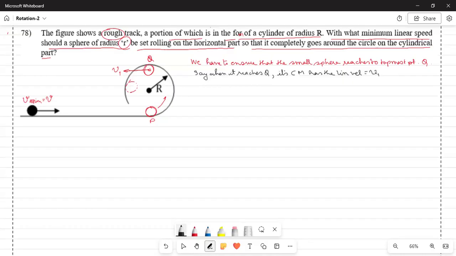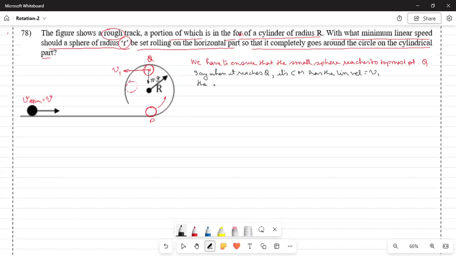If its linear velocity is V1, then the condition of the sphere sticking to the circular path is always, we know from the chapter of circular motion, that mv square by r must be more than mg because it has a downward force of mg.